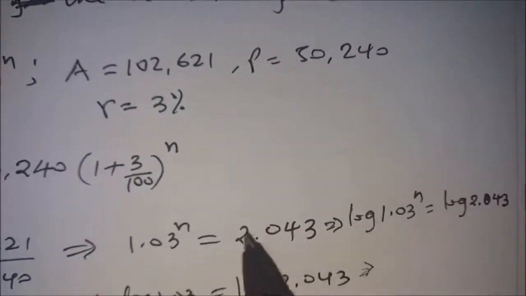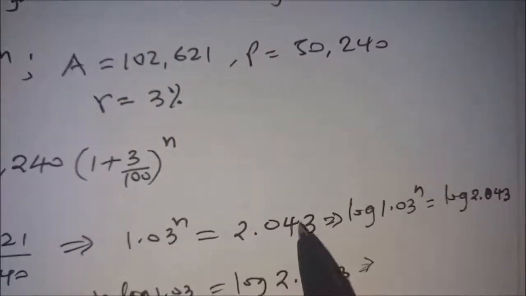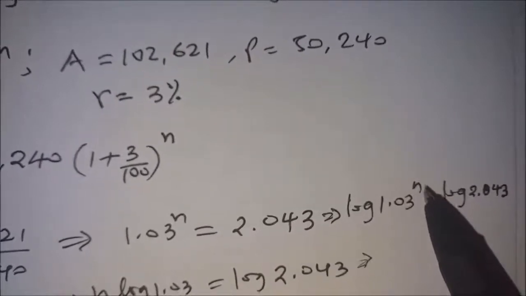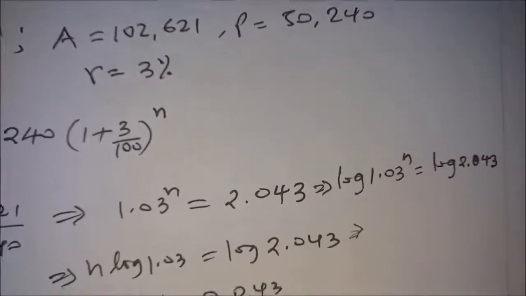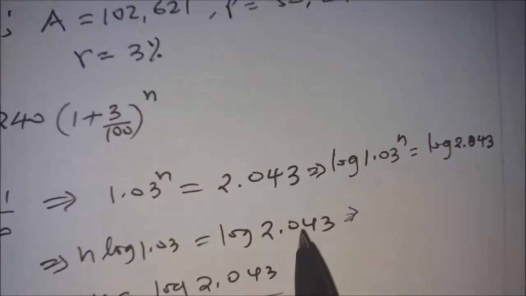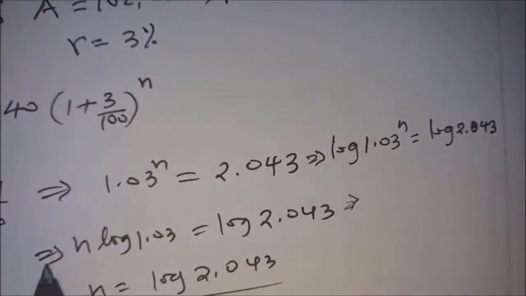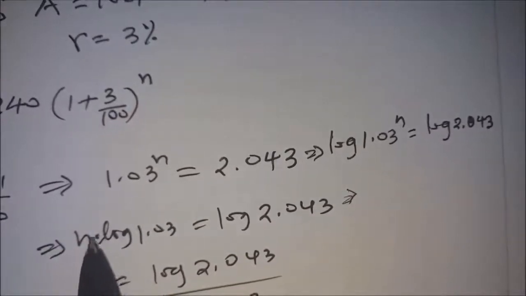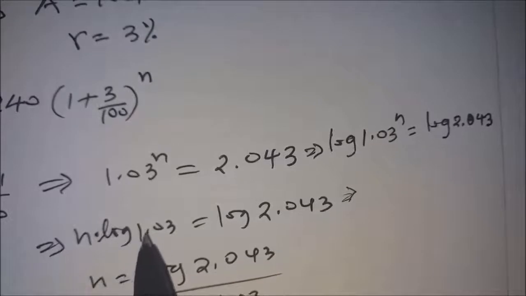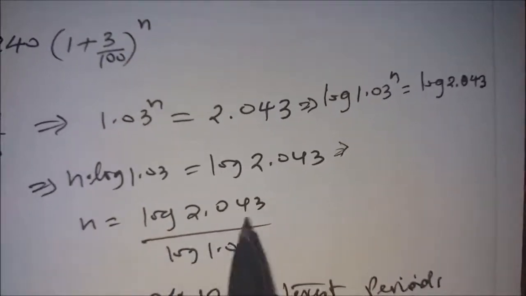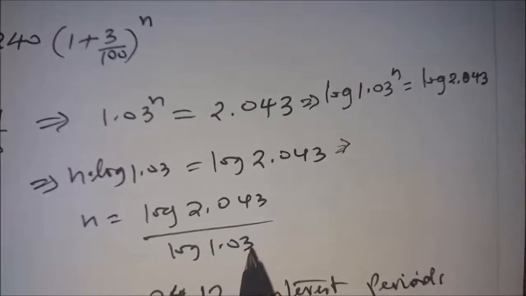That is, we introduce logarithms to both sides, and if you apply the law of logarithms, this n will come down, so we have n log 1.03 equals log 2.043. We require n, so we divide both sides by log 1.03, so our n is log 2.043 divided by log 1.03.